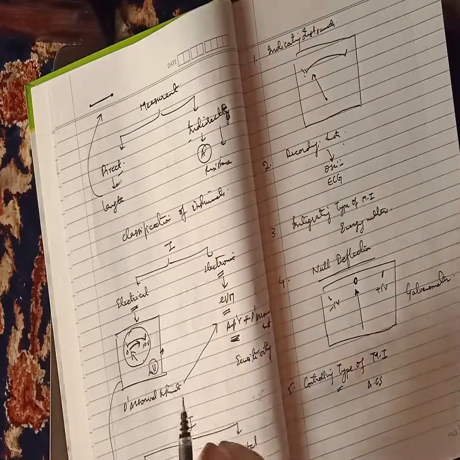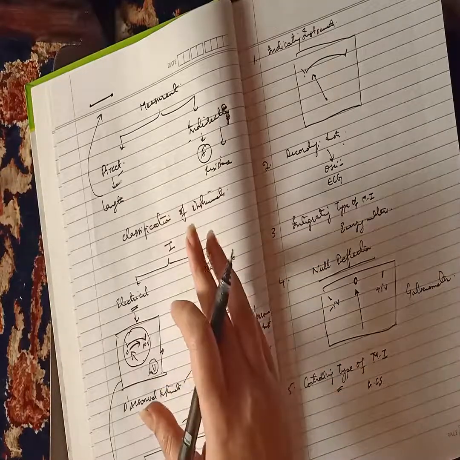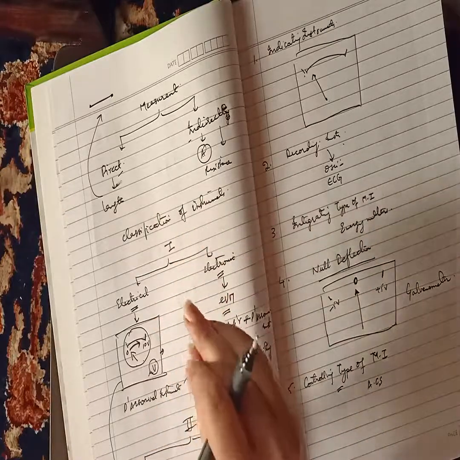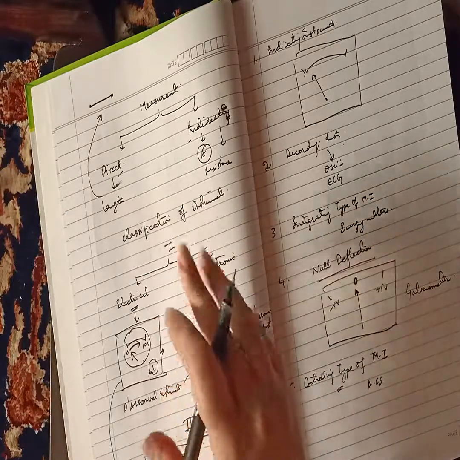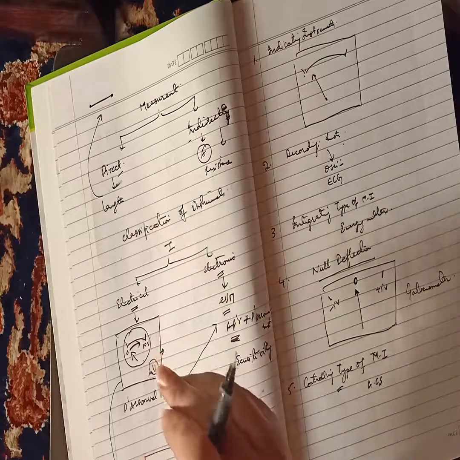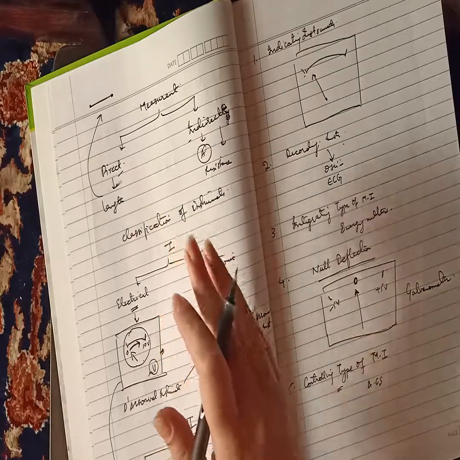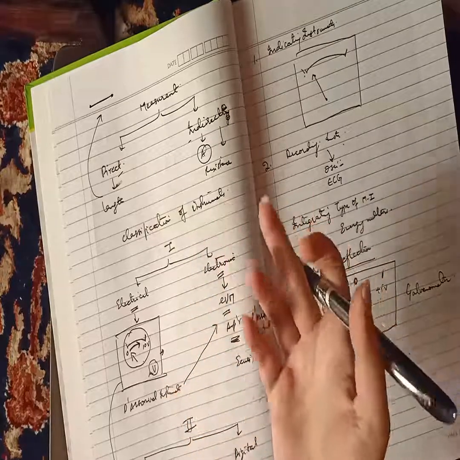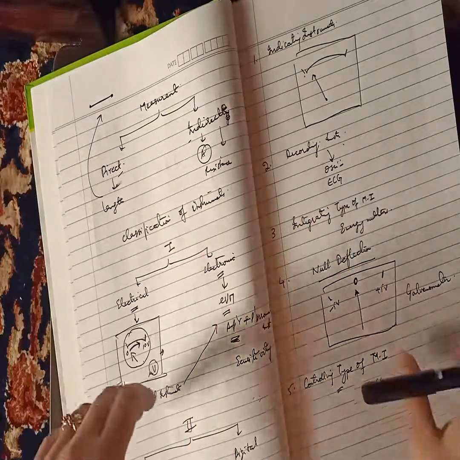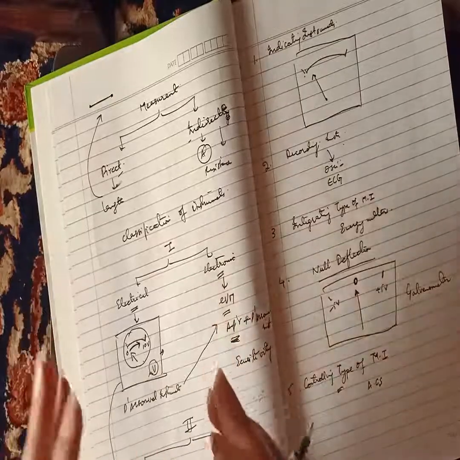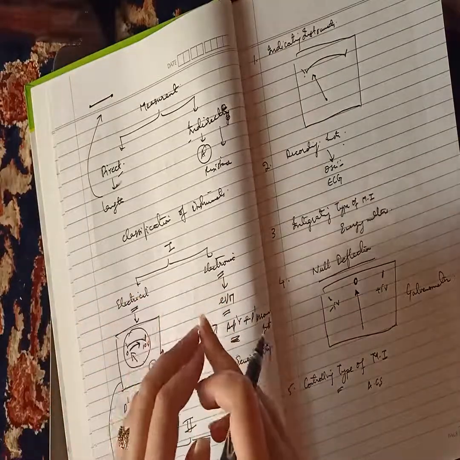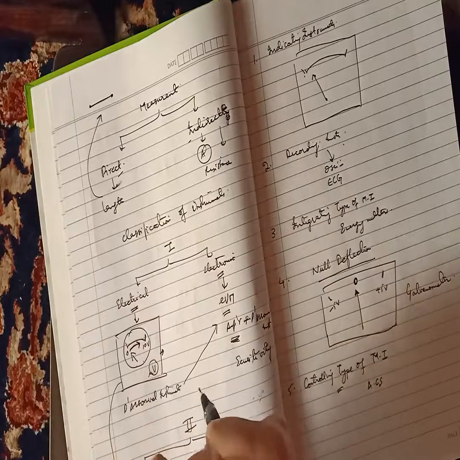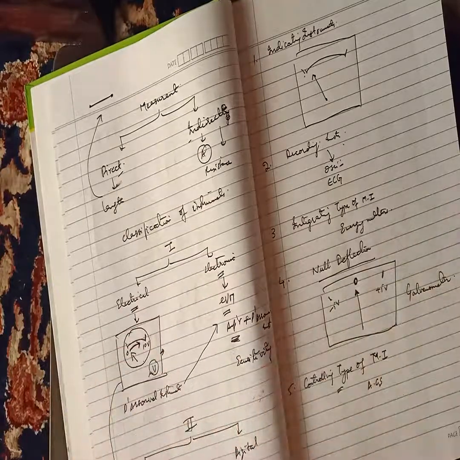Now, obviously, whenever we are measuring something, we are always prone to errors. So errors are a very important part of measurements and instrumentation. Wherever you are doing measurements, you are bound to have errors. So what is error actually? Error is the deviation from the true value or the rated value. So now we will be discussing errors in detail.